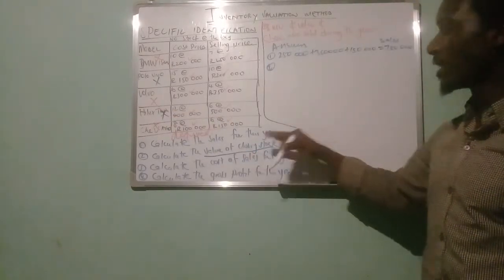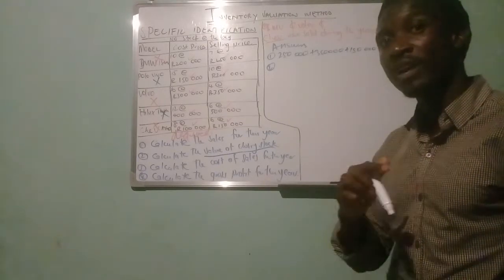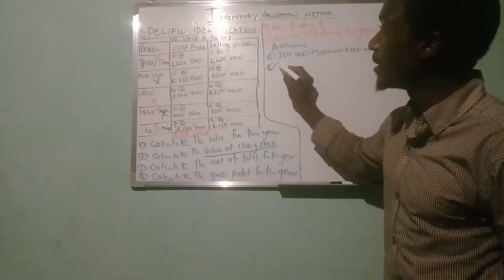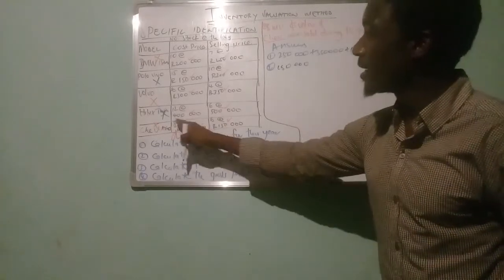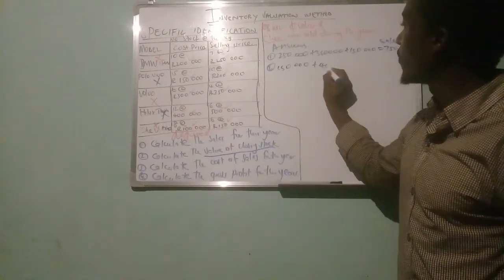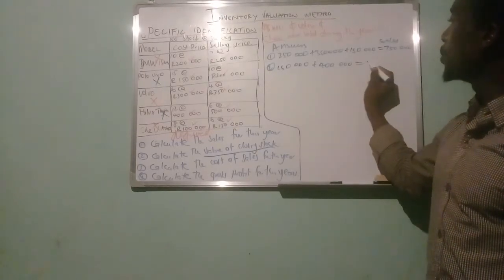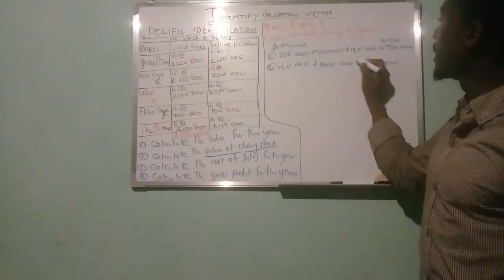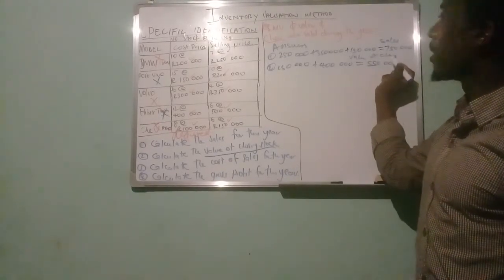For the value of closing stock, we always use cost when we are valuing the stock at the end. The Polo is 150,000, and the Hilux is 400,000. So you add the two, you get 550,000. This is your value of closing stock.